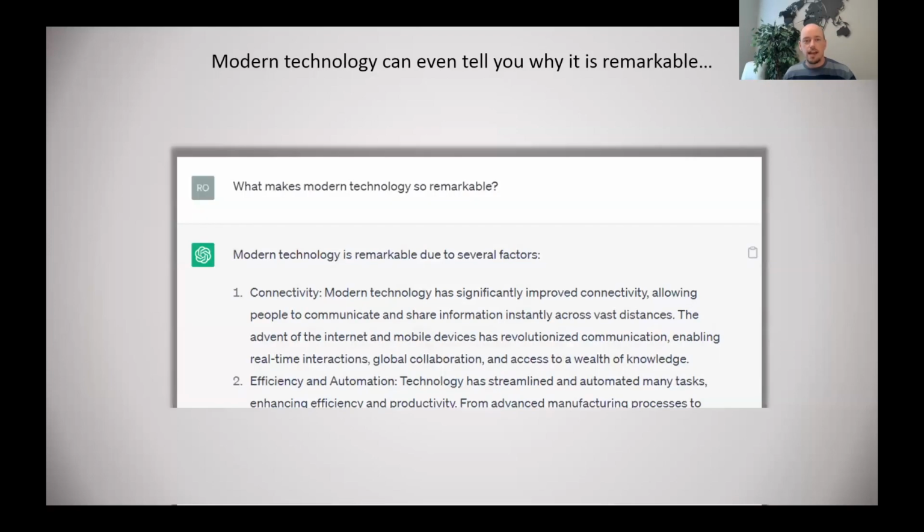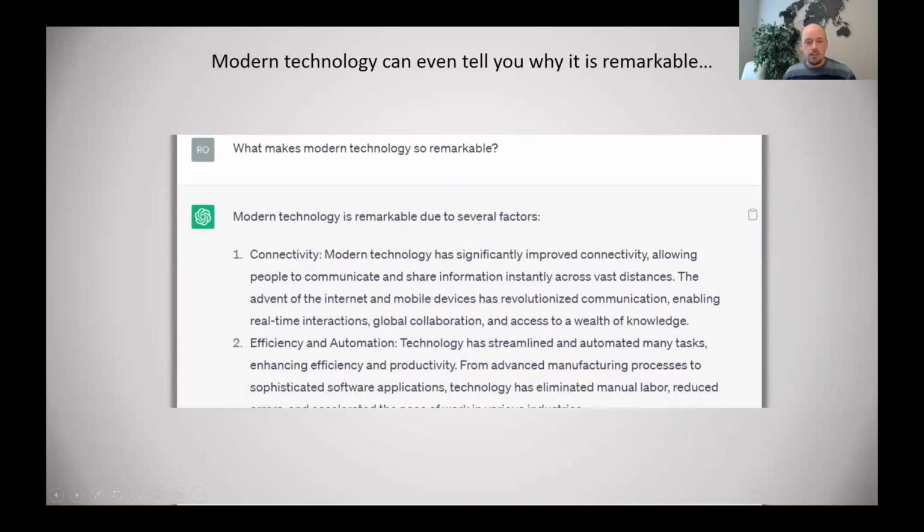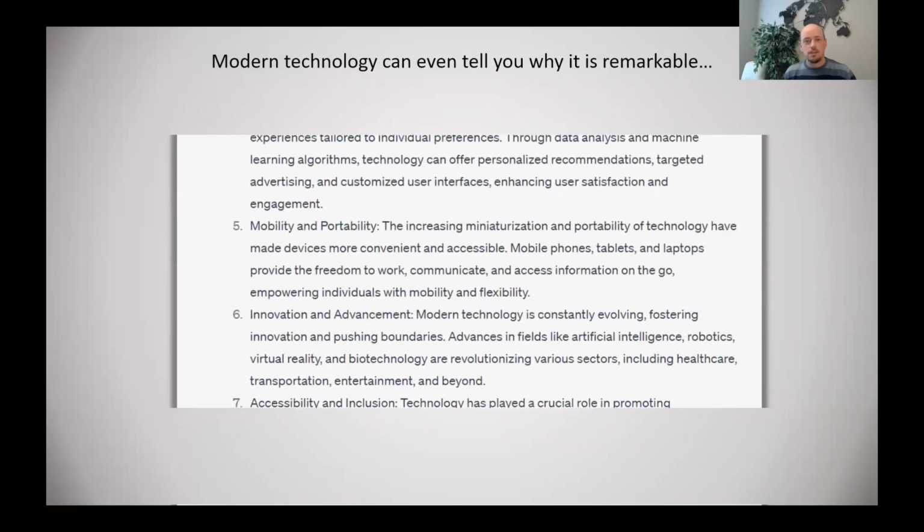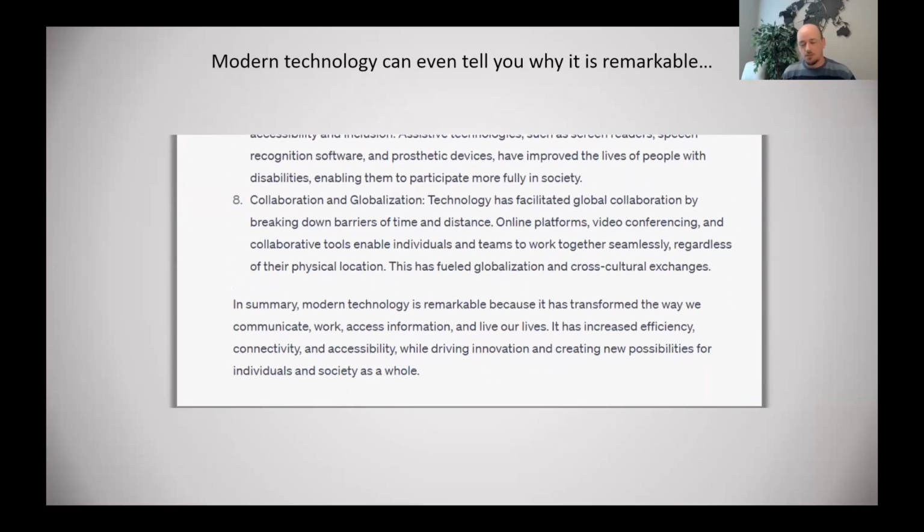These are artificial intelligence that you can chat with, which have been trained with large amounts of data, and which can answer questions, solve problems, do things at quite a remarkable level. Just for an example, I asked ChatGPT what makes modern technology so remarkable, and it gave me a well-formatted and clear and quite extensive answer as to why modern technology is so remarkable.